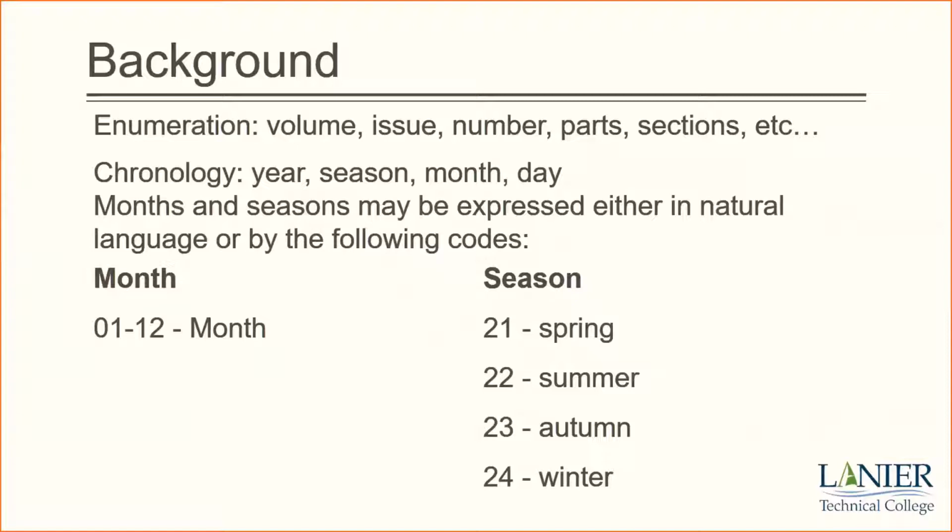The first term is enumeration, and that's volume, issue, number, parts, sections, etc. And there are 6 different levels deep that you can go with your enumeration. In all the documentation that I read, the deepest you're going to really go is 3 levels deep for mostly anything.